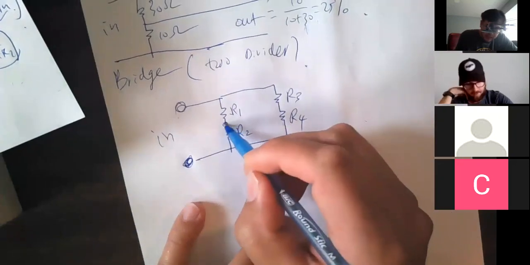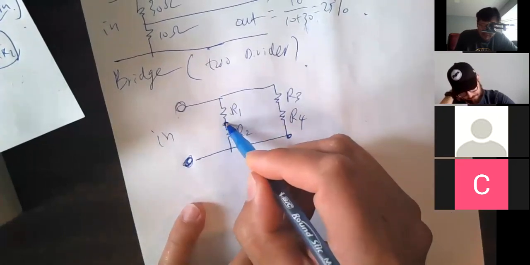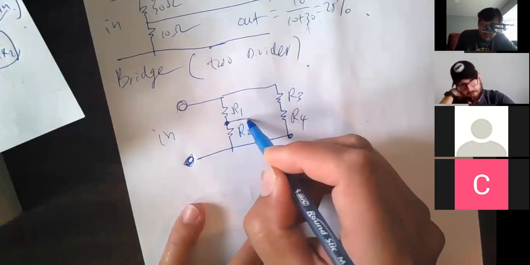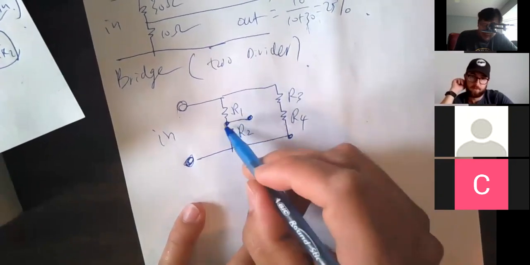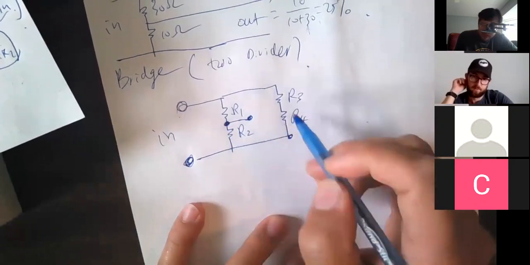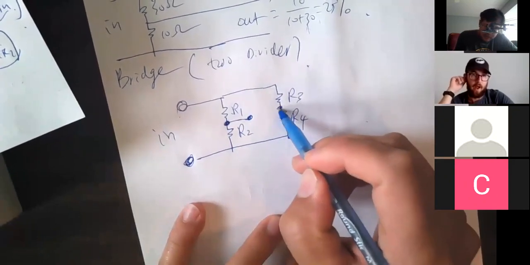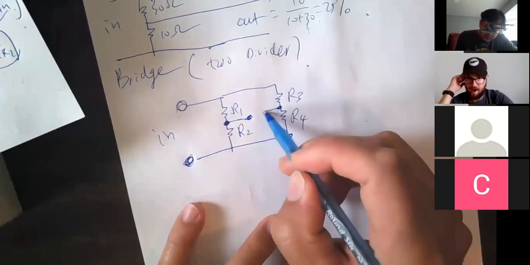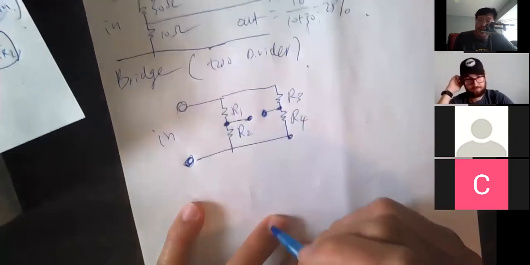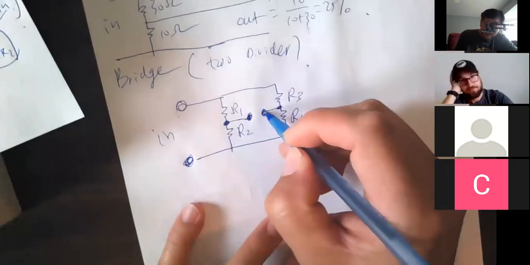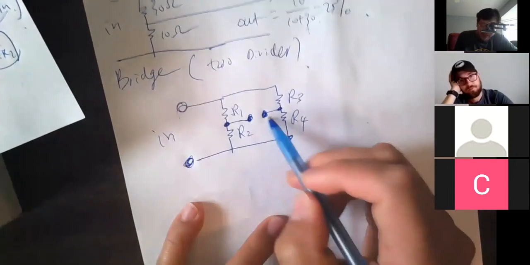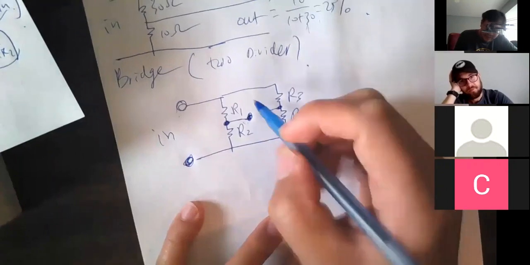What is the output of divider number 1? Right here, right? That's the output of divider number 1. What is the output of divider number 2? Right here. What is the output of the bridge between the two? Between the two. So this is the out.